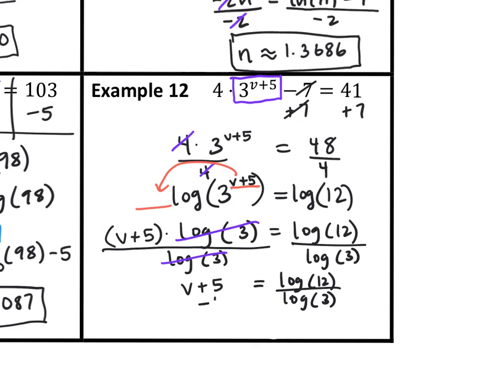Then we subtract 5 on both sides. This will cancel. And so v is approximately negative 2.7381.